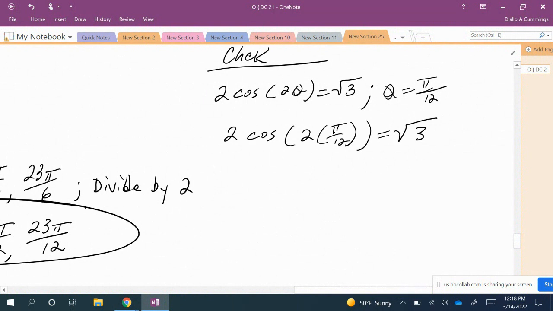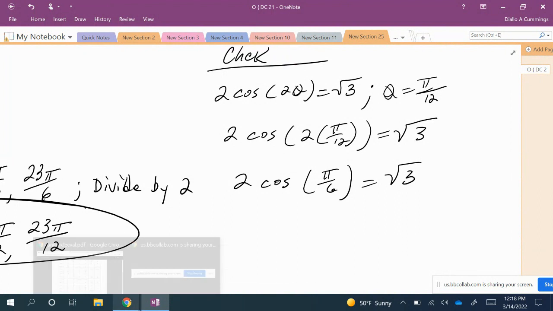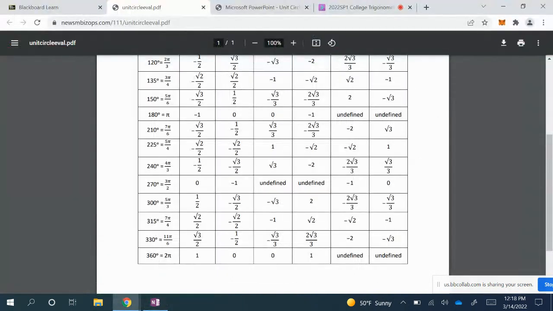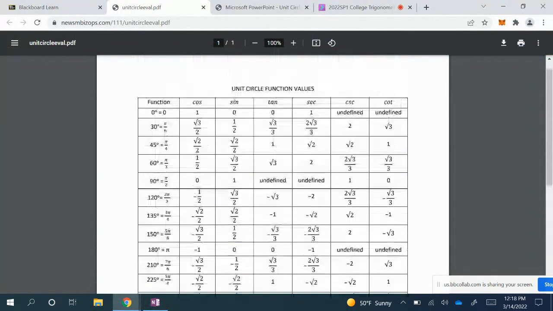Next, I'm going to simplify the innermost parentheses. 2 times pi over 12: the 2 and the 12 are going to reduce down to give us pi over 6. If we were to look back at the function values sheet and evaluate the cosine of pi over 6, notice that the cosine of pi over 6 is square root of 3 over 2.